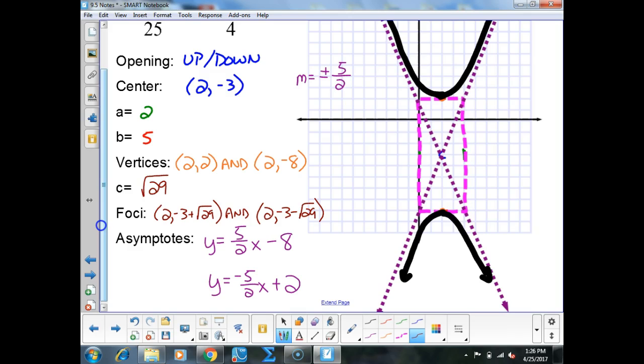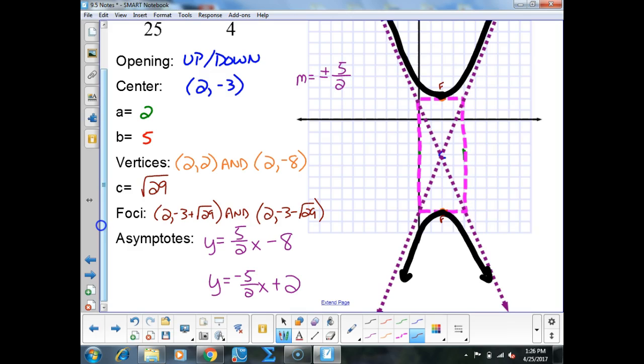So here, let me put that foci actually on there. What's the square root? It's a little bit more than 5. 2, 3, 4, 5. So my foci are in tight here. Okay. Remember, the definition of a hyperbola: every point that's on the black curve, the distance is constant when I subtract the distances to each foci.